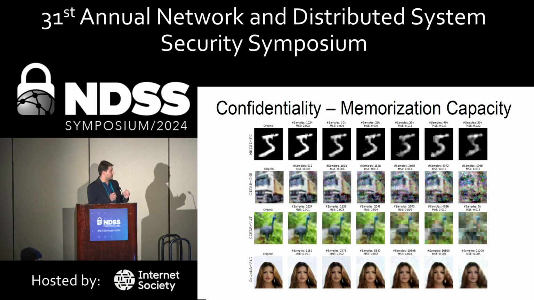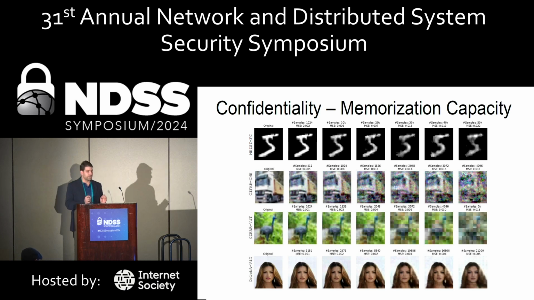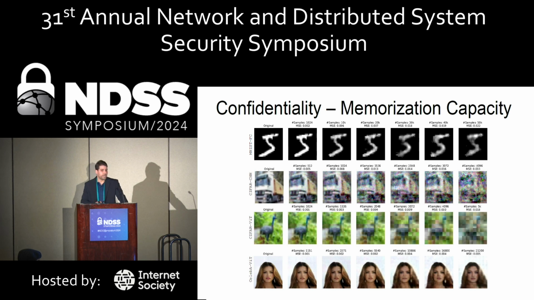In front of you is a figure illustrating what happens to the sample's quality when we memorize more and more samples. On the left, we see images from the MNIST, CIFAR, and CelebA datasets. In each following column, we see what happens to the quality when we memorize more and more samples.